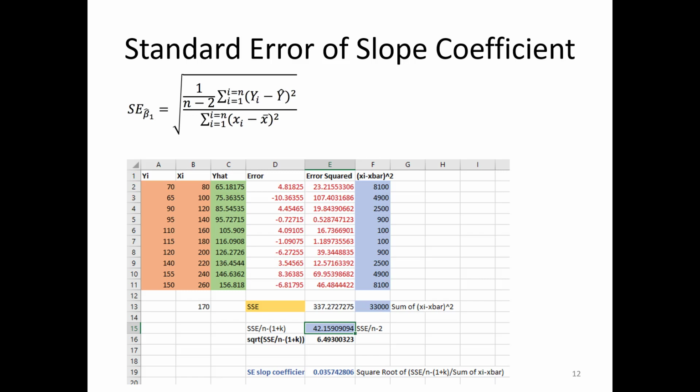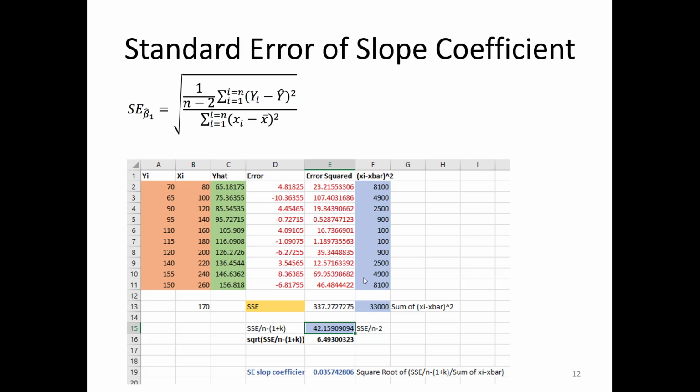Great, that's our numerator. Now our denominator, I needed to make a new column, and this is xi minus x bar. Again, xi are the observed x's, and x bar is the mean, 170. So for this first value, for example, we have 80 minus 170, which is negative 90, squared is 8100.